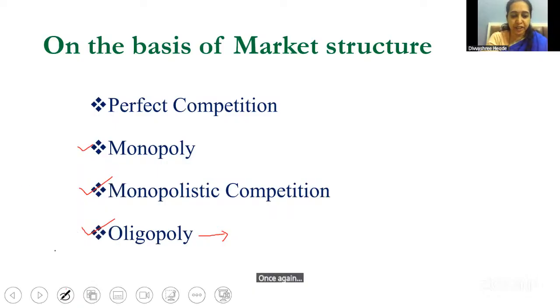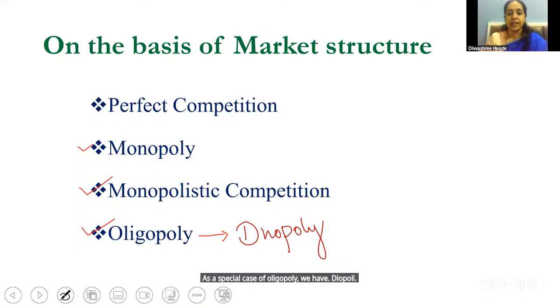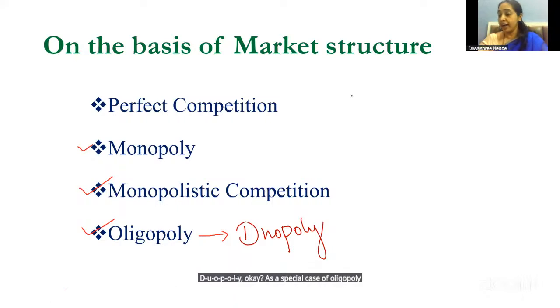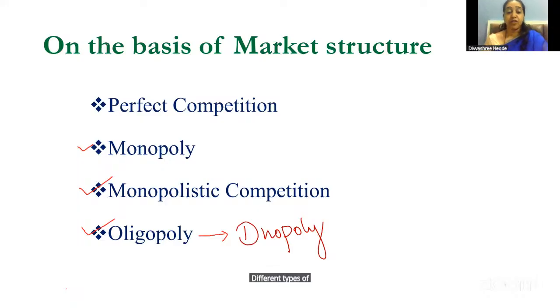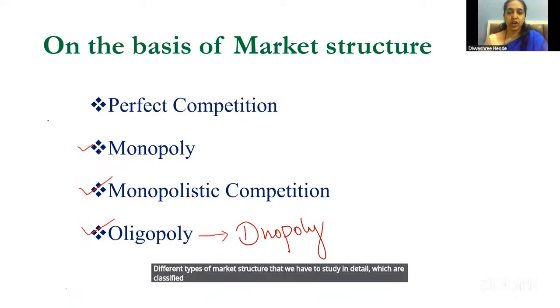As a special case of oligopoly, we have duopoly. So these are the different types of market structure that we have to study in detail, which are classified on the basis of the number of sellers in the market. Am I clear?